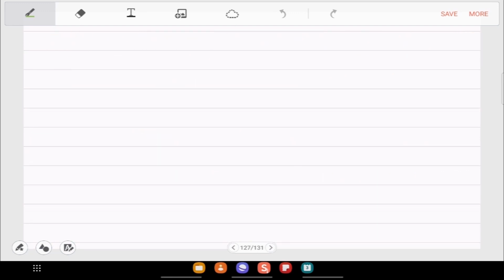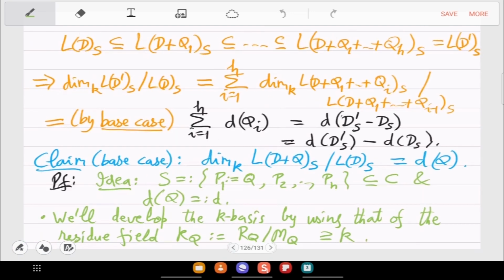Okay, so let that basis be this. The degree, by definition, is actually the degree of this field extension.